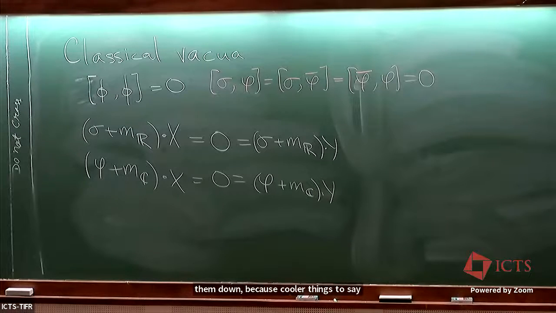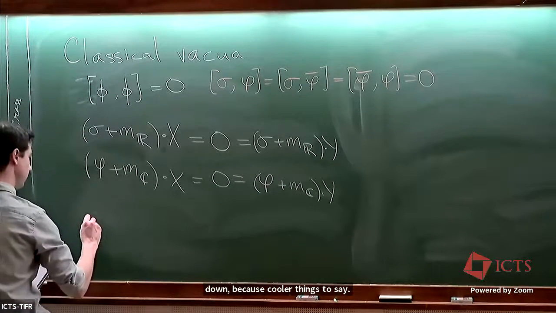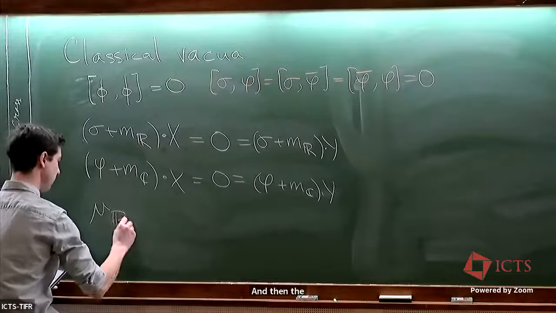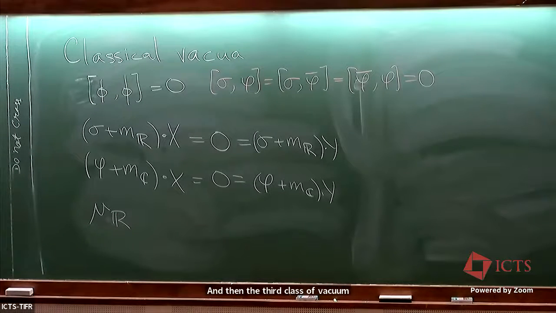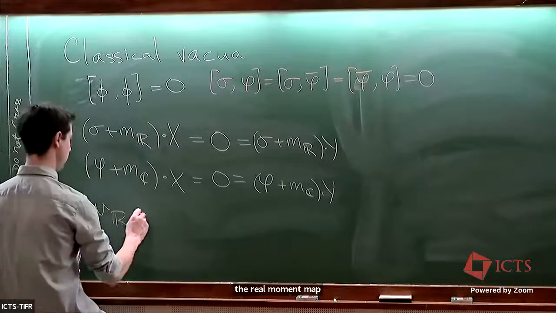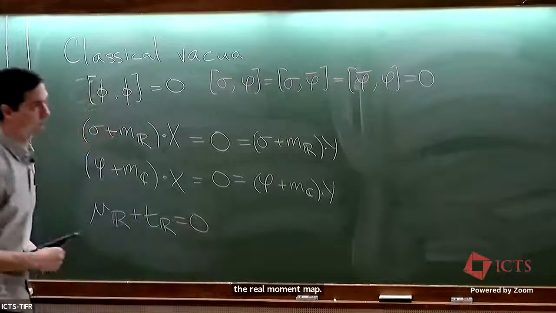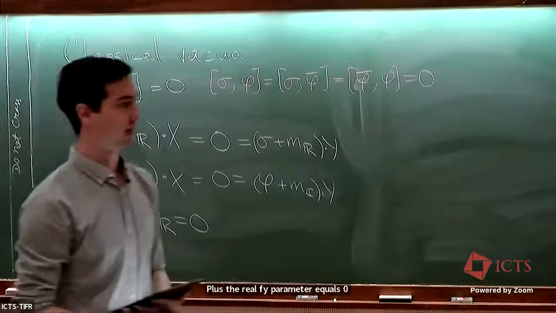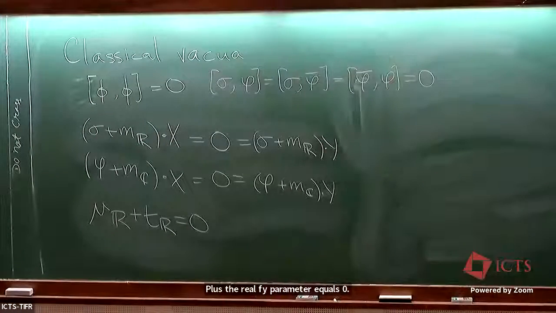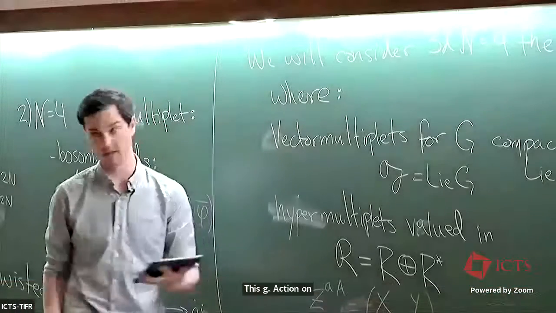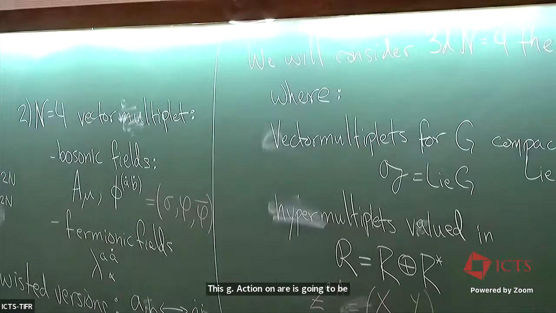And then the third class of vacuum equations say that the real moment map plus the real FI parameter equals 0. So I was saying that this is some sort of hyperkähler thing. This G action on R is going to be some hyperkähler type action.